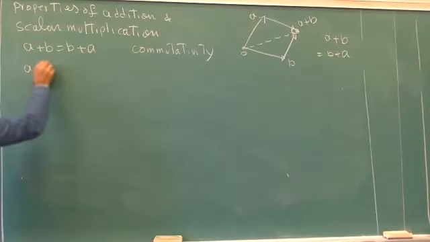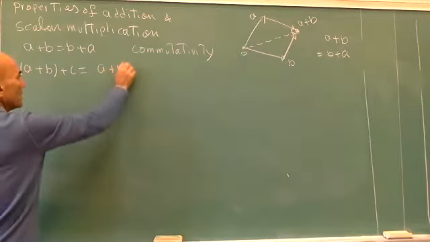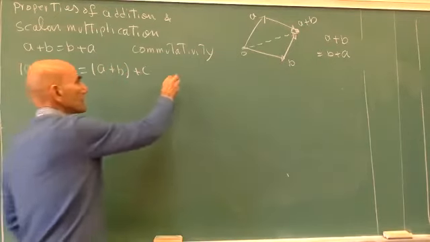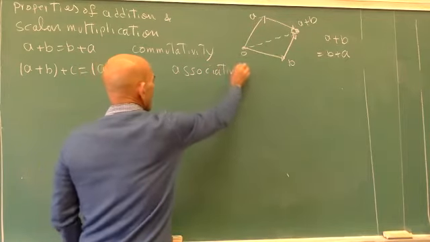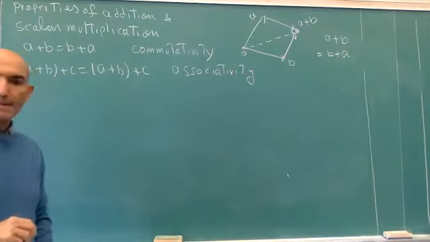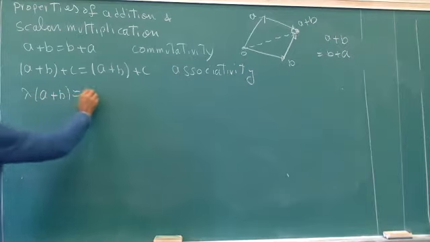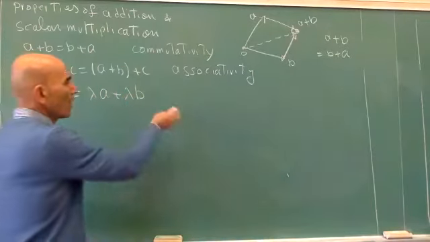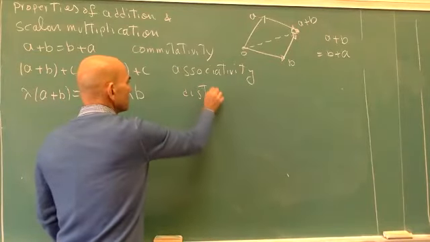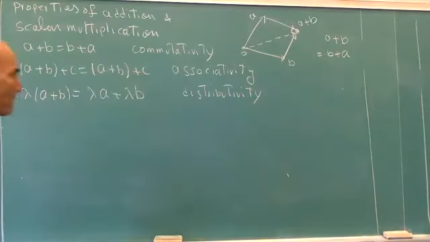There is another property, like (A plus B) plus C is equal to A plus (B plus C). This is associativity. And then we have things like lambda times (A plus B) equal to lambda A plus lambda B. This is called distributivity. The distributive property.